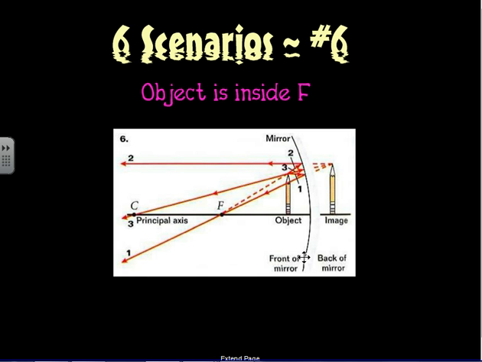It's larger than the object, and it is virtual. These 6 scenarios are scenarios that you should remember. You should memorize these. They will help you check your answer to your work when you do the math with these problems. And they'll also help you kind of know exactly what the image should look like when you're given an object and some distances.